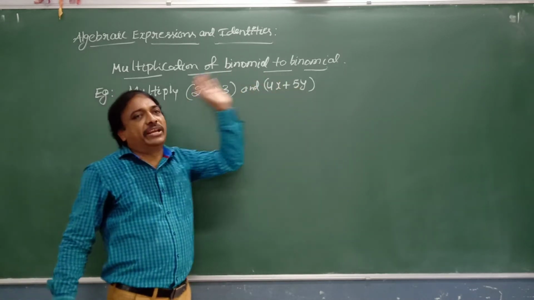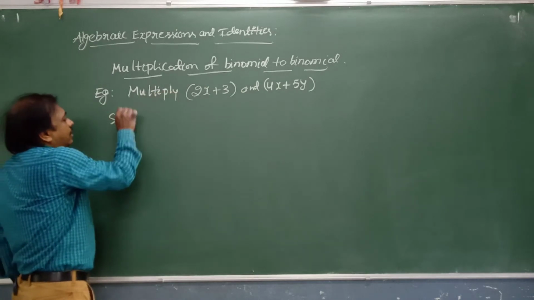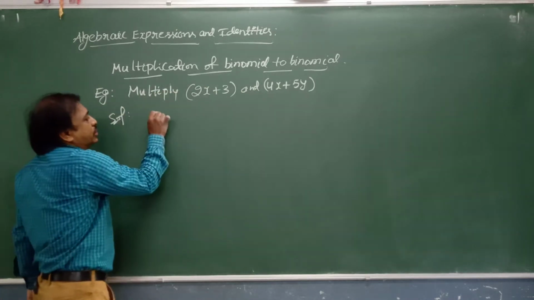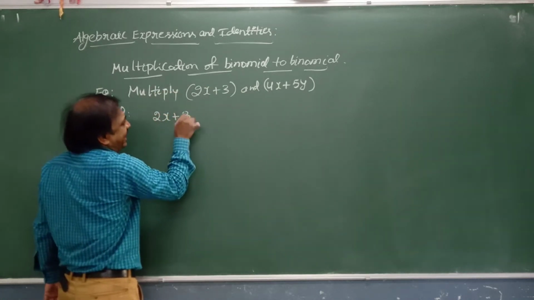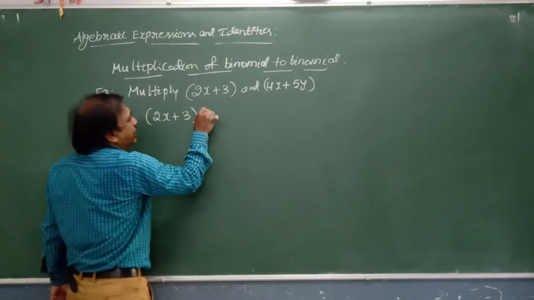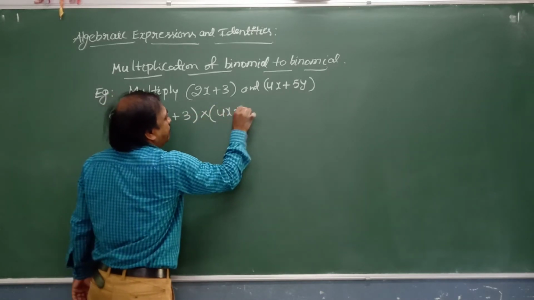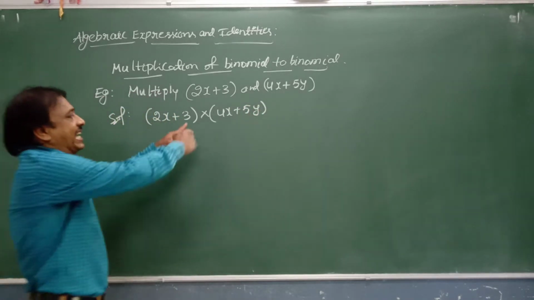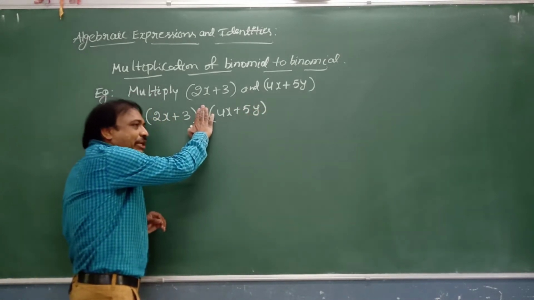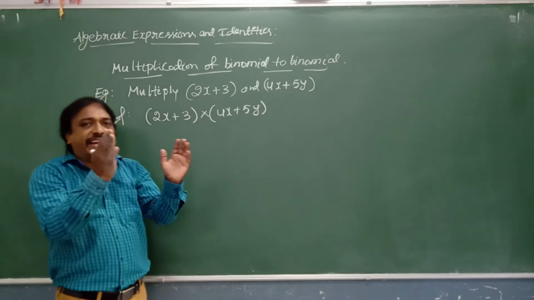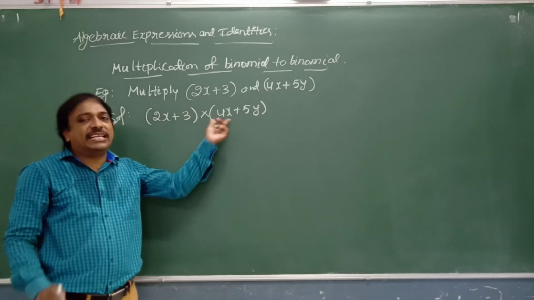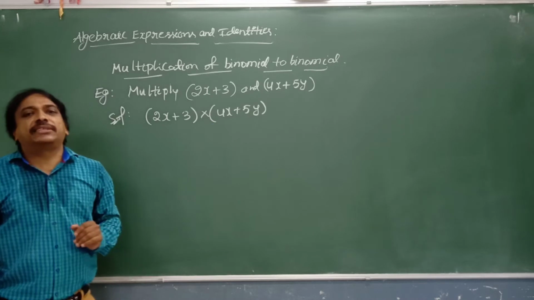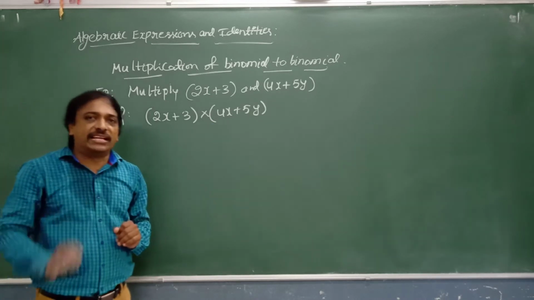See here, the product (2x plus 3) into (4x plus 5y). The bracket itself indicates, even if you don't write the 'into', that writing this next to this itself indicates the product, multiplication.